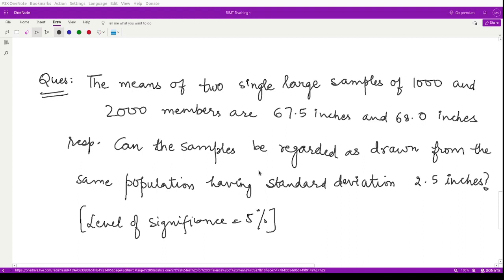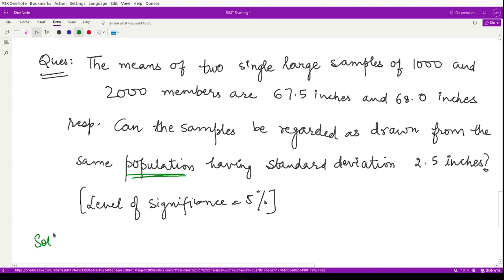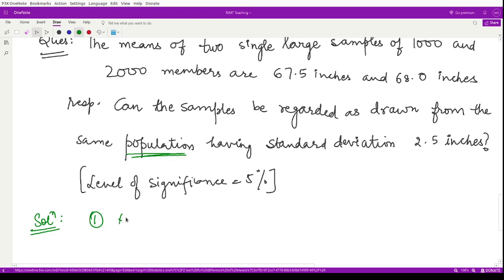So let's move on to the solution of this question. We wanted to decide whether these two samples come from the same population or not. So how do we judge the population to be the same? We can say the population to be the same when it would have the same mean. So let us assume our hypothesis in the first step.